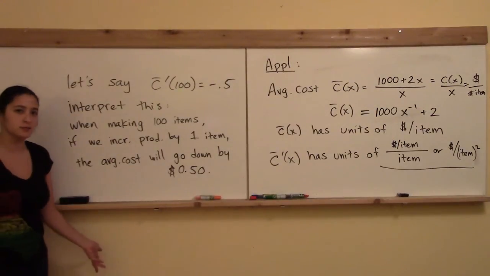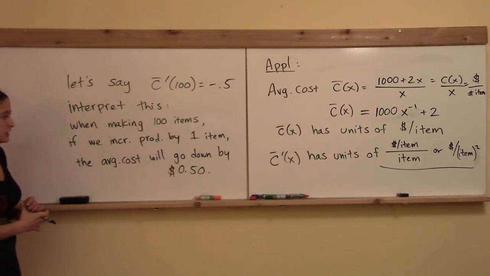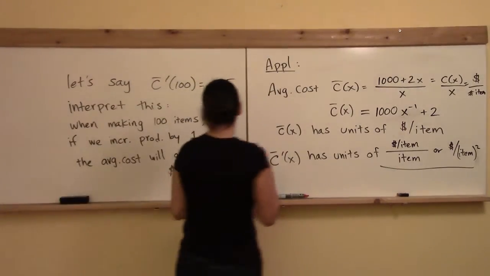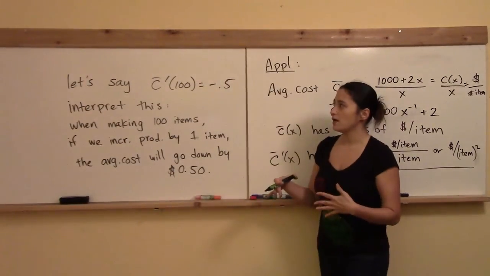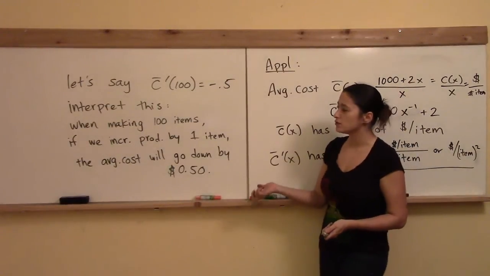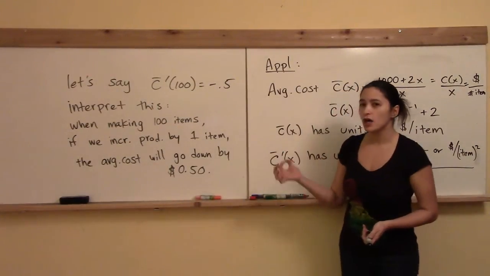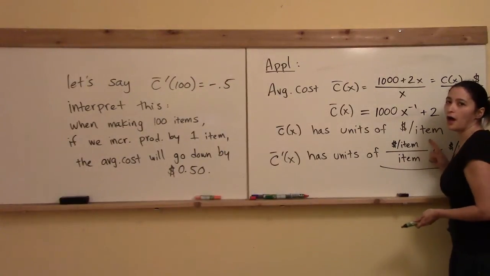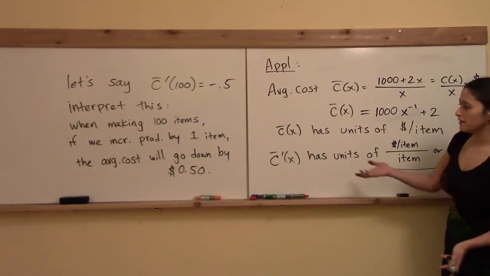So something similar to that is what I would expect to see in an interpretation sentence. At the very instant right now, when I'm making 100 items in my shop, if I chose to make 101 items, the average cost, so the cost per item, would go down by 50 cents.